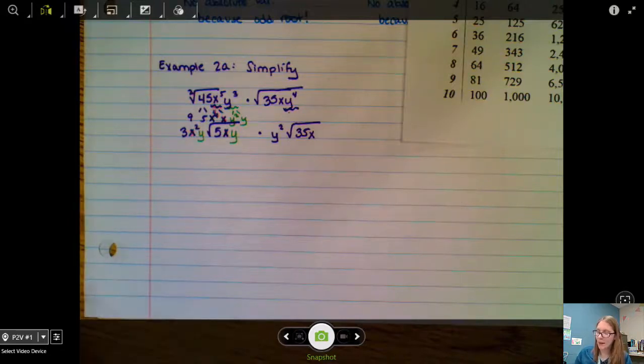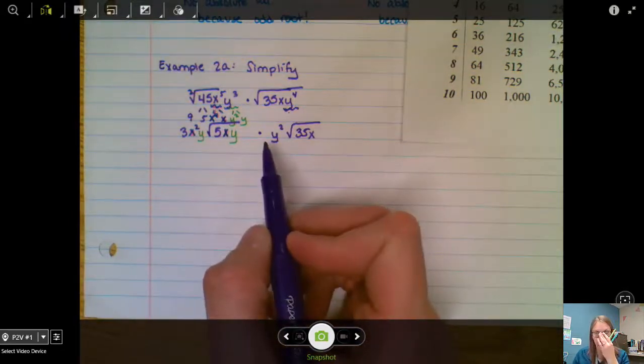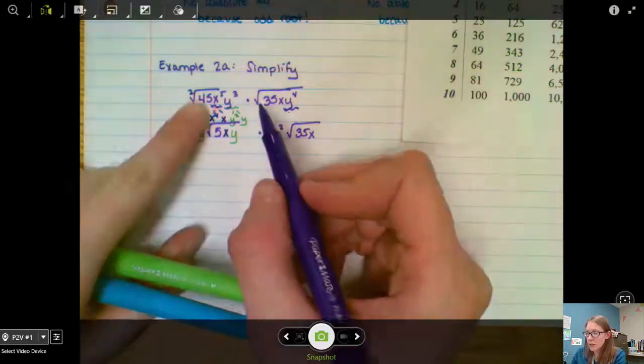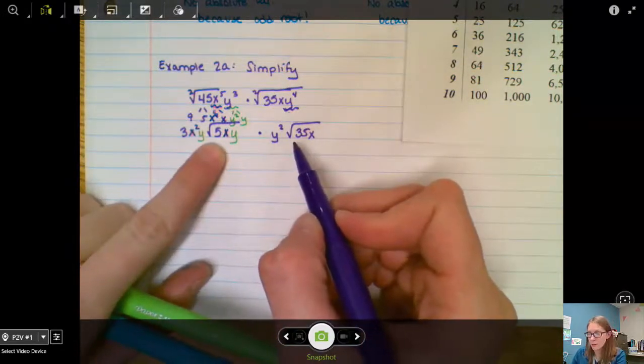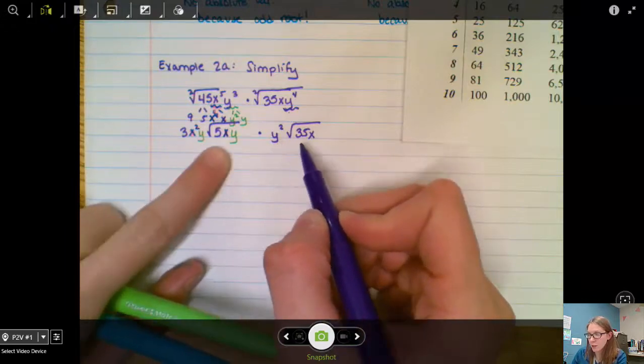Alright, now I have my radicals simplified. Now, since they're both square roots, I can multiply what's underneath. So multiply what's out front, multiply what's underneath.